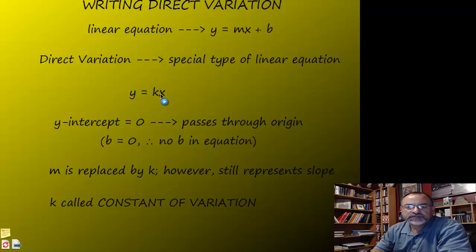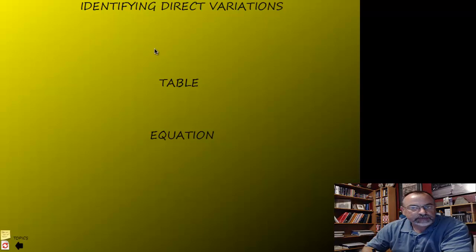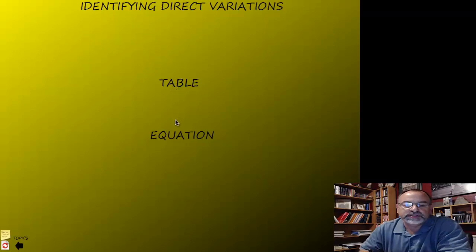So it's a special type of linear equation, the form y equals mx, but we're going to use k because we're going to talk about what this letter k means, and it's called the constant of variation. Now we can identify direct variations either by looking at a table of values or at the equations, and we'll look at these separately.